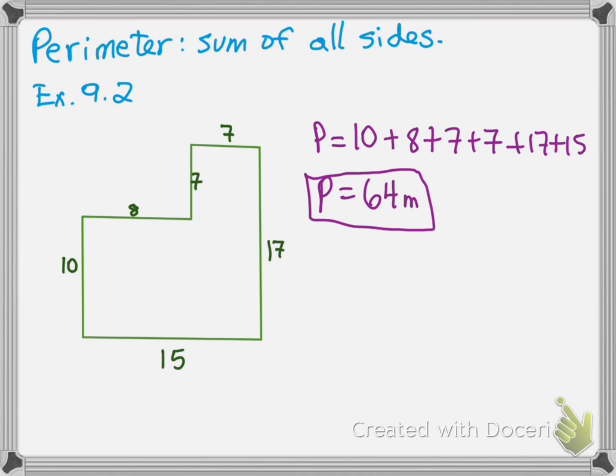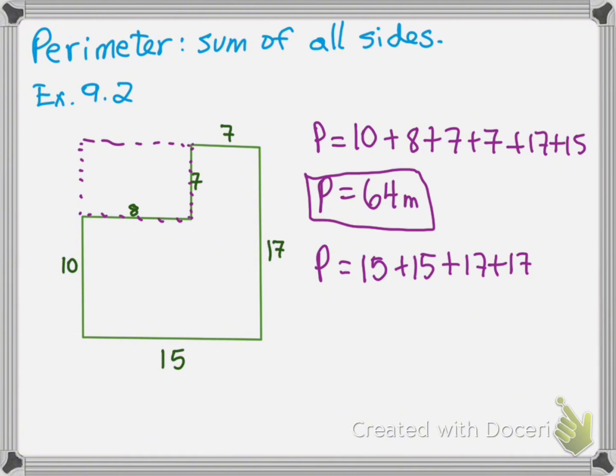Now, I do want to show you an even easier way to do this. If I were to draw this line here, and then this line here, the horizontal line here, what I create is a rectangle. So I can easily also just say that the perimeter of this shape is 15 plus 15 and 17 plus 17.